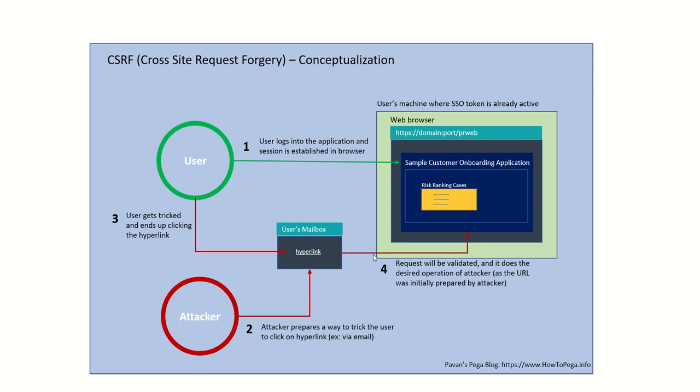Since this is the forged request coming in at point number 4, the URL is prepared by the attacker and the attacker will not have that CSRF token. So in the same life cycle I just explained, whenever a genuine user clicks on a hyperlink, that hyperlink will miss a token, the CSRF token, which should have been present.